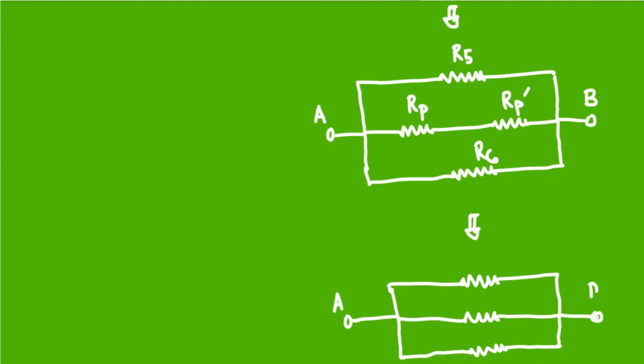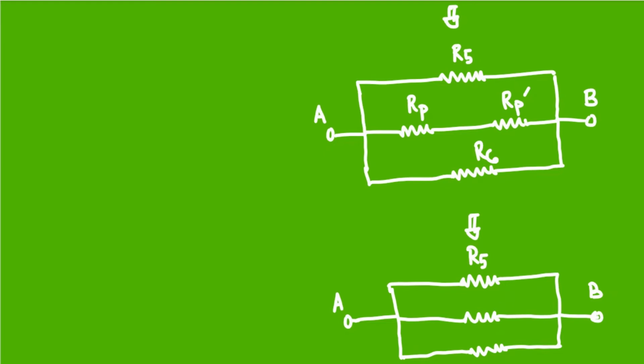Terminal A and B, R5 is the resistance, then RS, not RP, it should be RS, because RP and RP prime are connected in series combination.